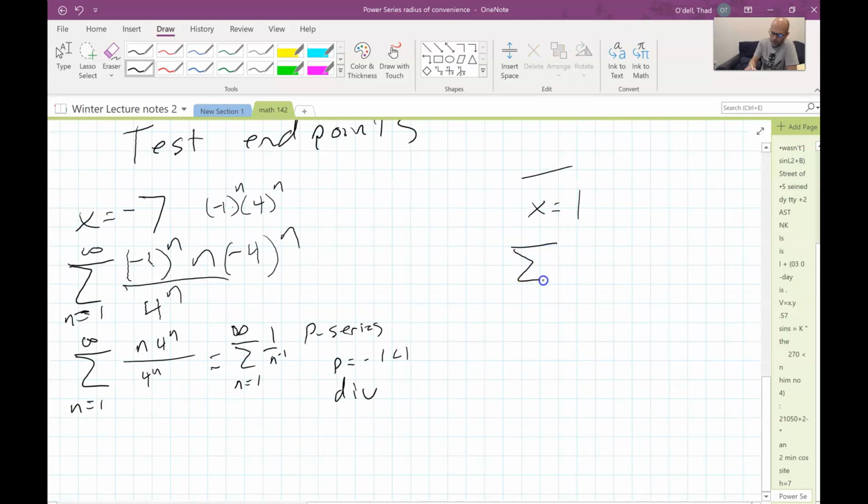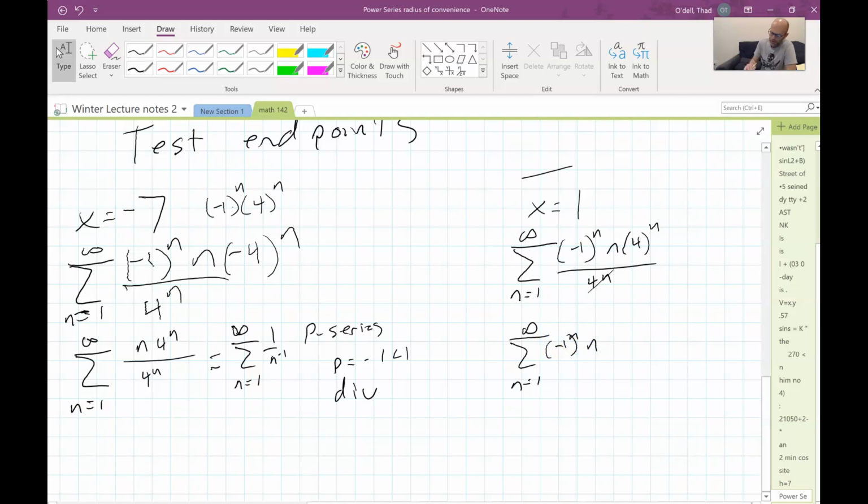So if x equals 1, then my series becomes this guy. 1 plus 3 is 4 to the n over 4 to the n. Now this time I don't have to take out any special -1 factor. The 4 to the n's just cancel out essentially, and I'm left with the sum from n equals 1 to infinity of -1 to the n times n.